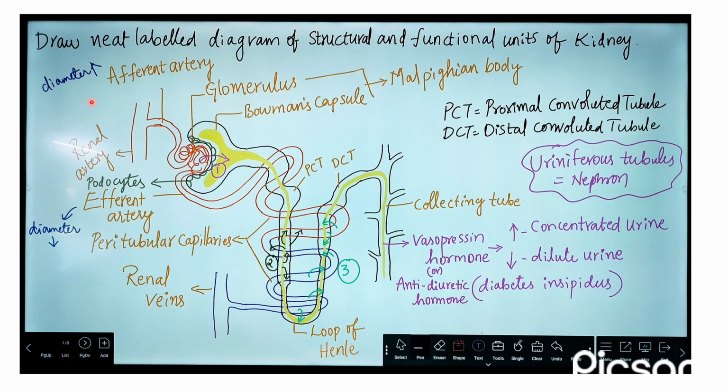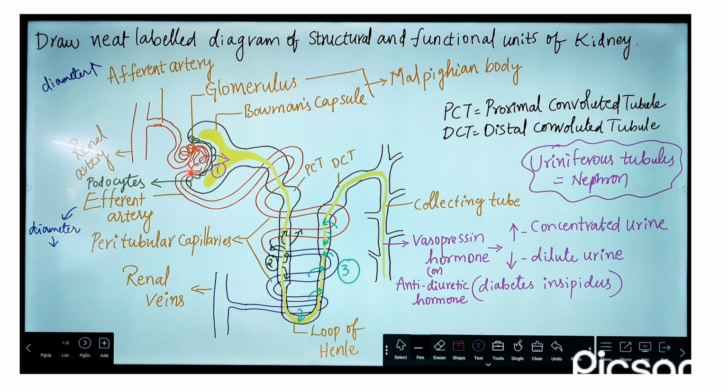If we observe, the diameter of afferent artery is more compared to the diameter of efferent artery. Efferent artery's diameter is less. Because of this, the pressure inside the glomerulus blood vessels increases.